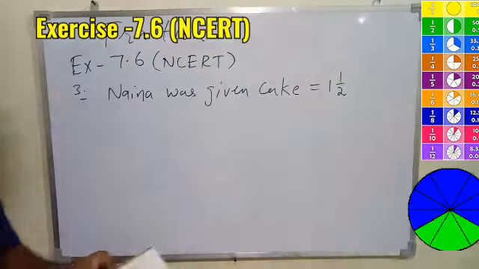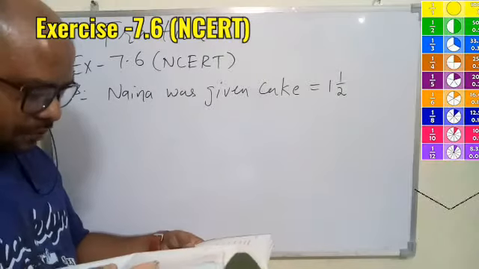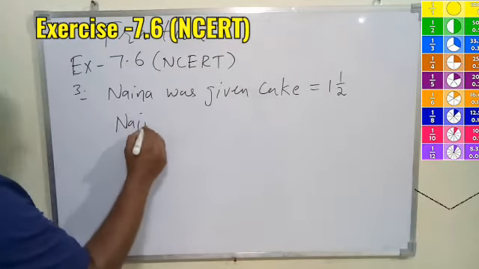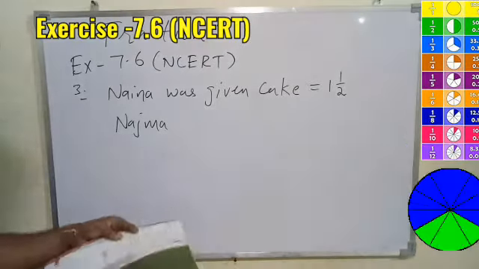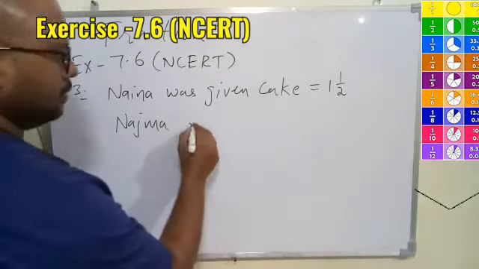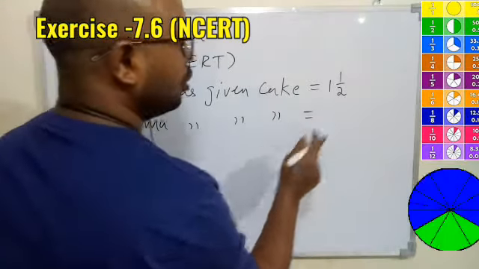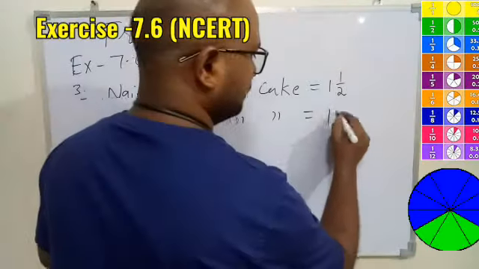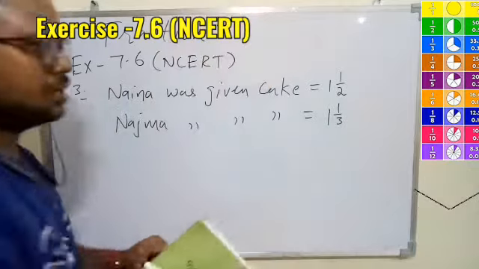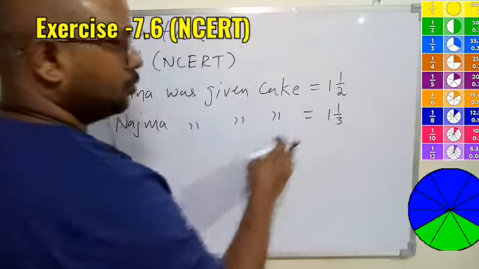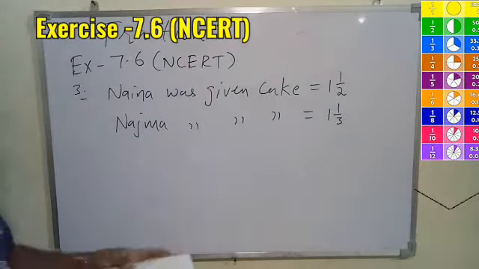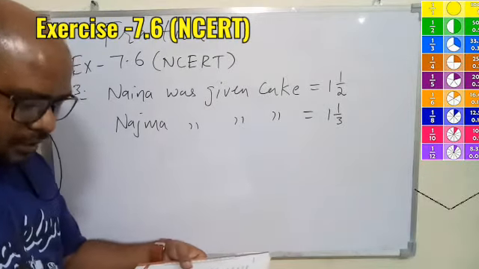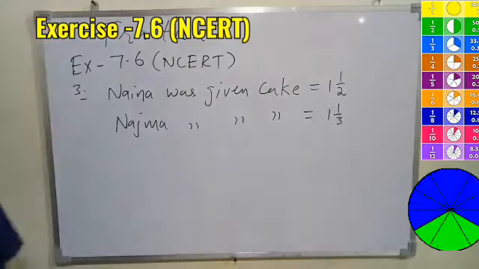So this much fraction of the cake is given to her, and Najma was given cake how much according to the statement? 1 1/3. So this is given to you. Both girls got different fractions of the same cake. Find the total amount of cake that was given to both of them. So that is the question.